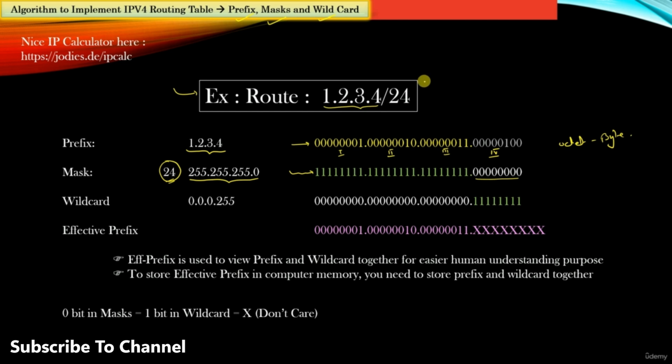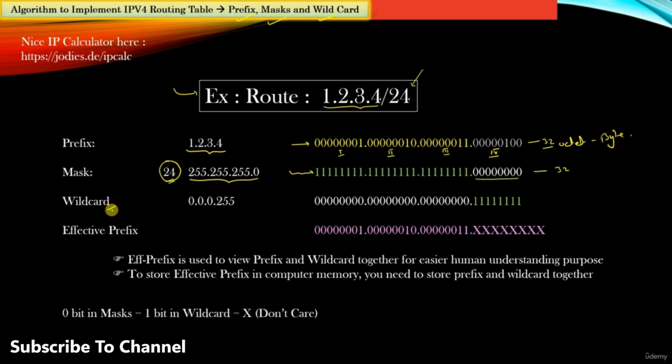So when we say /24, it means that the first 24 bits of the mask are all ones. And of course, the mask length is always 32 bits and the prefix length is always 32 bits. This length is fixed and constant for IPv4 addresses.